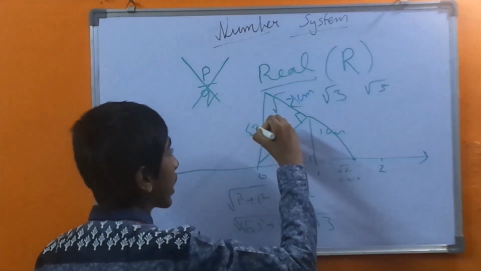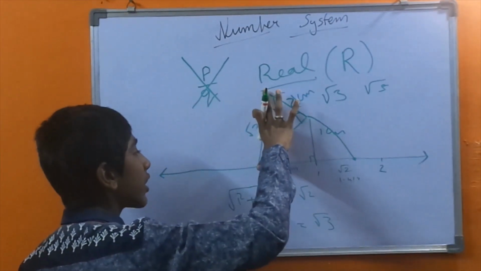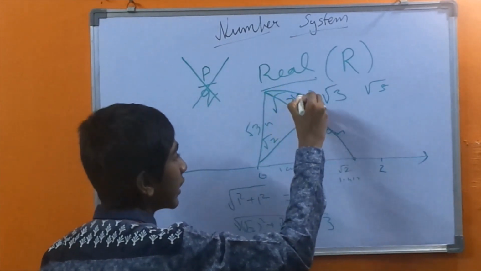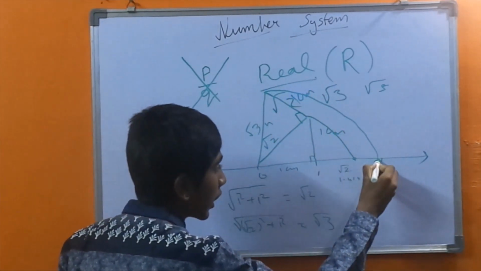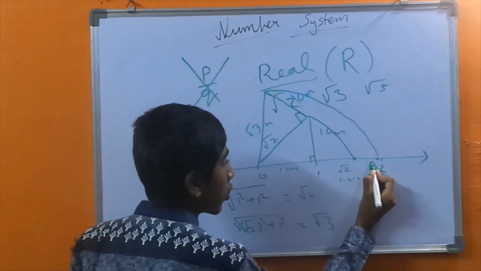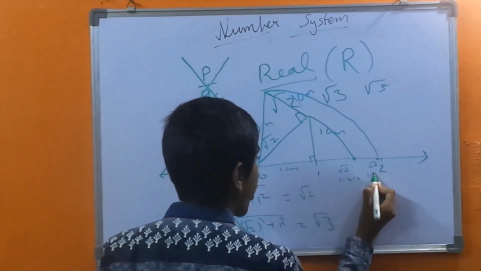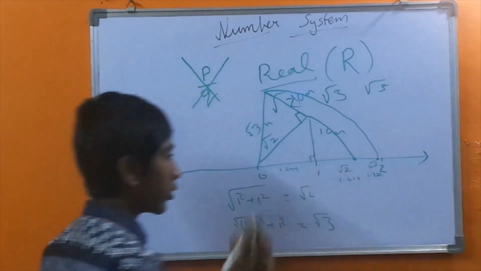So, this is root 3. Now, if you measure this distance and draw an arc like this, it will cut here at root 3, which is approximately 1.732.